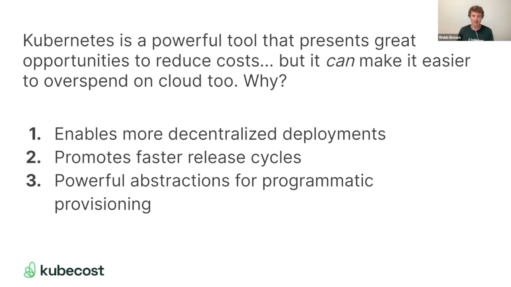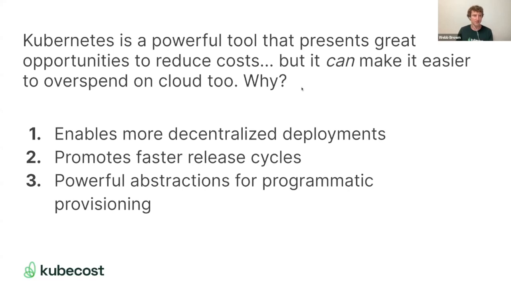And then third, there are a bunch of new, very powerful abstractions with Kubernetes that are abstracted across cloud providers, where teams can do things like provision 1,000 GPUs with the click of a button or a single command. That is incredibly powerful. It also can be costly when you make a mistake if you don't have guardrails or governance in place to monitor that.